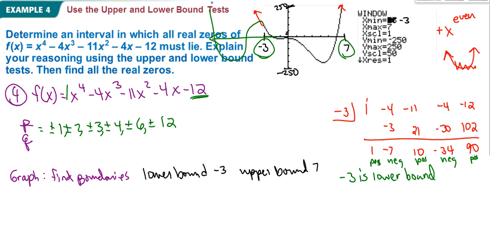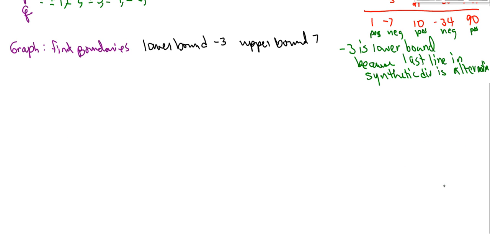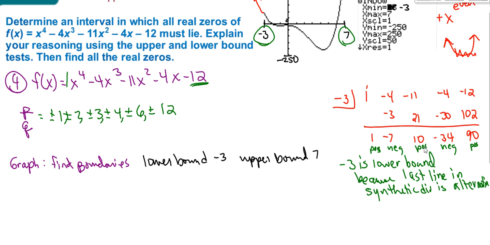That is as low as we need to look because the last line in synthetic division is alternating, non-positive, non-negative, non-positive, and non-negative. So that's the lower bound.